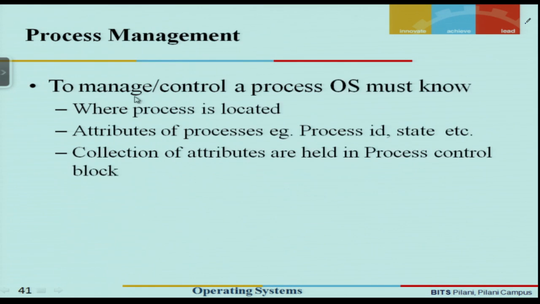Coming to process management, to manage or control a process, the OS must know two fundamental things: where the process is located and the attributes of the process. We will see what those attributes are. For example, an attribute could be a process ID, process state, etc. The collection of process attributes is held in a structure we call a process control block.